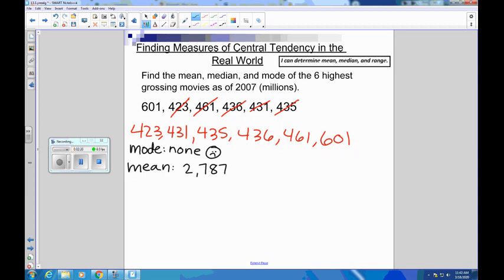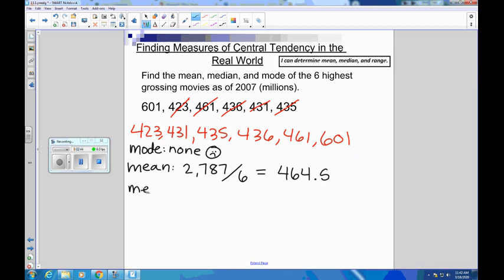I then need to divide that by how many numbers there are. So there's 1, 2, 3, 4, 5, 6 different numbers. So I divide that by 6, and I get the mean is 464.5. So that's the average of all these numbers, and it's in millions, so it's 464.5 million.